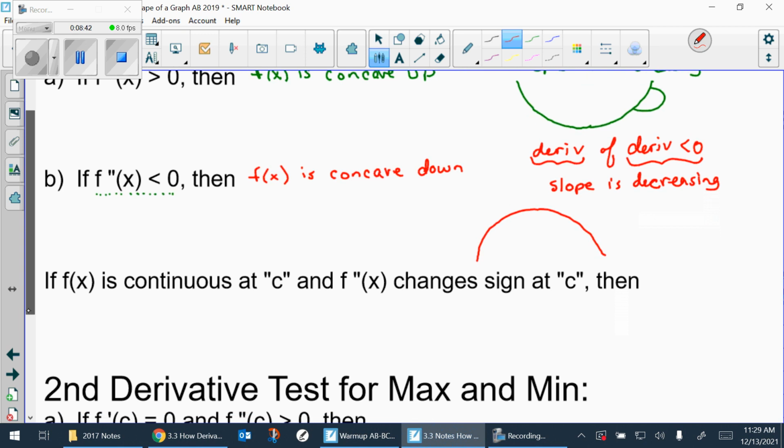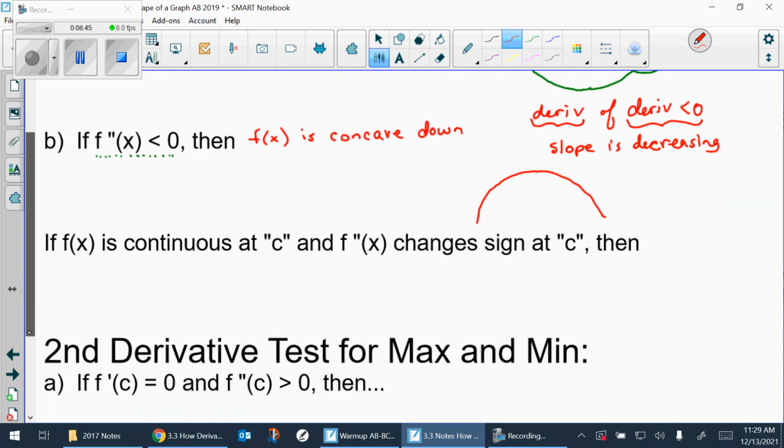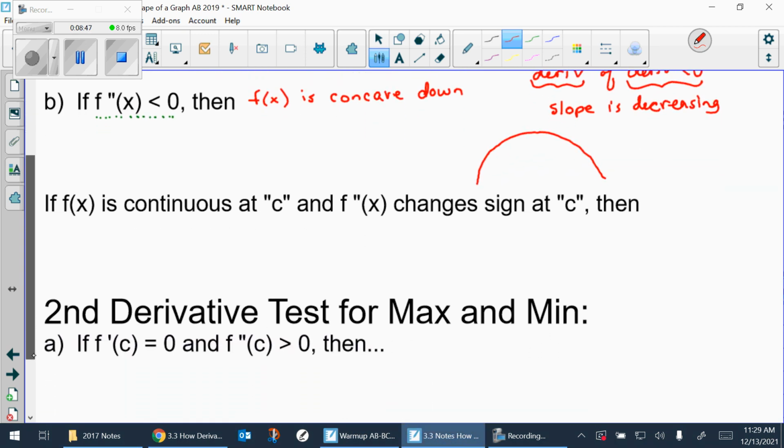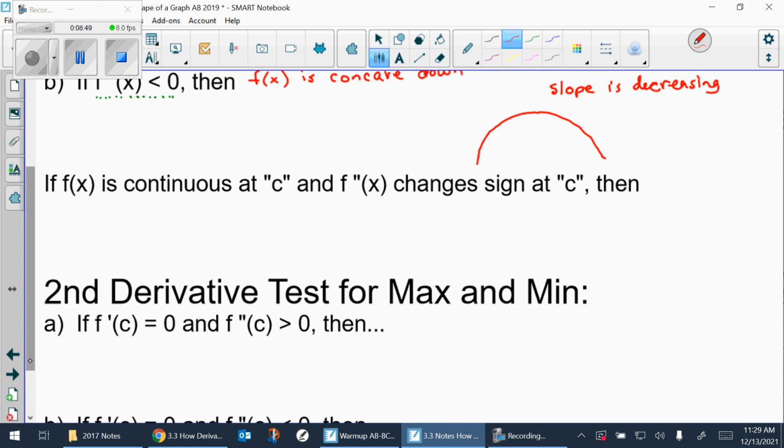Okay. Now, let's say f of x is some continuous function, and at some mythical value of c, the second derivative changes sign. So I'm going to draw a graph. I'm going to draw something that kind of looks like the sine function.